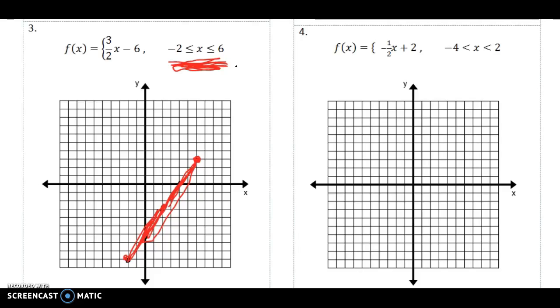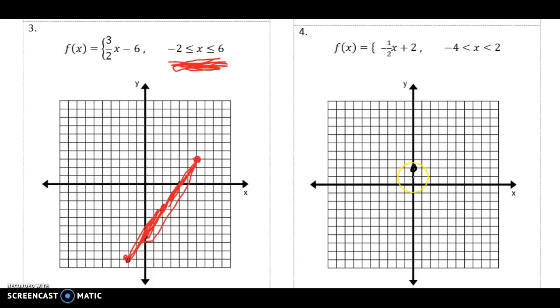Now those ones can be kind of tricky, so let's look at another one over here at number 4. Again, I'm going to start with graphing my regular equation. My y-intercept is a +2. So on my y-axis, I will go up 2 and put a dot. Looks like I have a slope of -1/2.